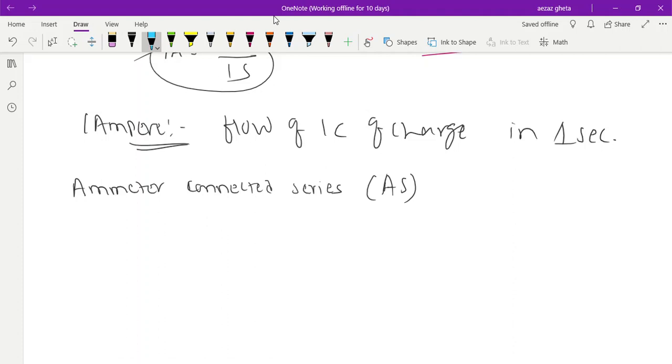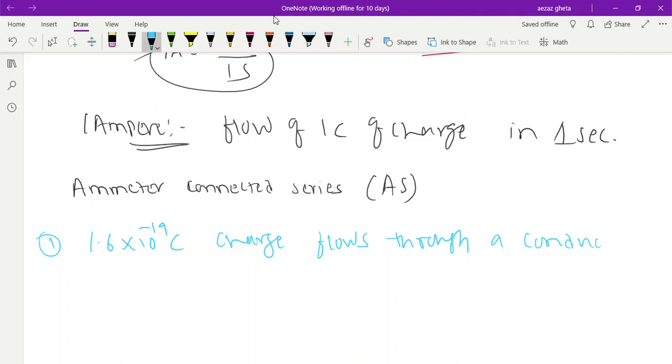So this is about electric current. If I give you one numerical based on electric current, then the first question, not a normal question. 1.6 into 10 raised to minus 19 coulomb of charge flows through a conductor in 10 power minus 10 second.